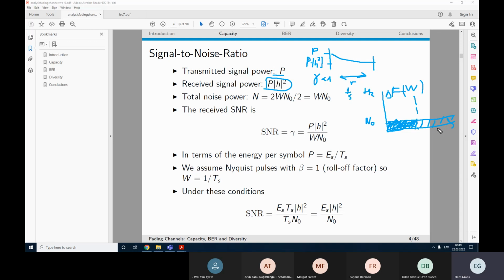And for this N0 we have watts per second, so this is the energy of the noise in 1 hertz, or power divided by hertz. After we multiply this with hertz, we simply get power in watts. So this is in watts, this is also in watts.